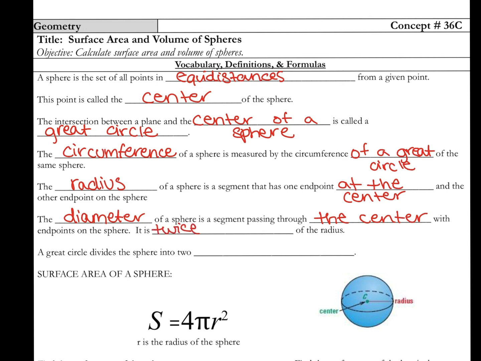It is twice the length of the radius, which we know is very similar to the radius and diameter of a circle. A great circle divides the sphere into two hemispheres.